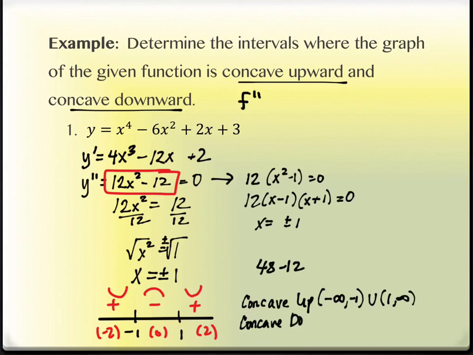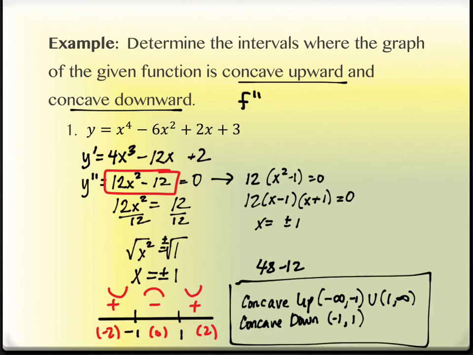And then sandwiched in between there, it's concave down. So it's concave down from -1 to 1. And that is, I got a label in part C, but that's the end of this particular problem. We're trying to decide where it's concave up, where it's concave down.